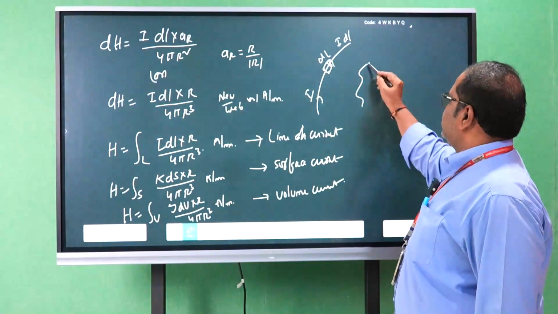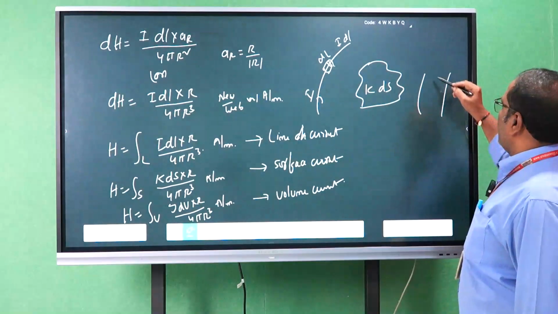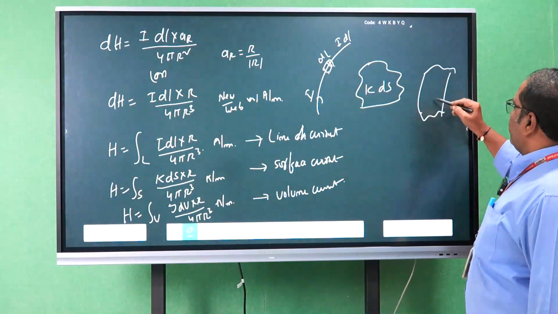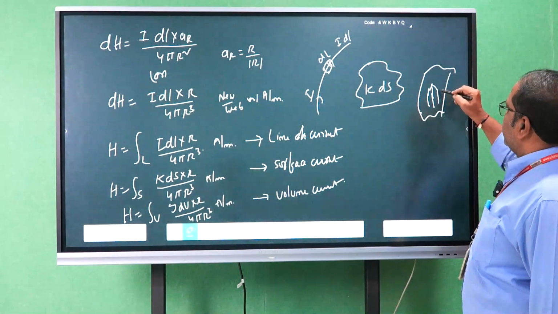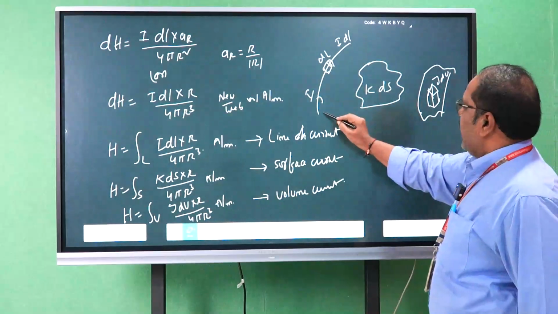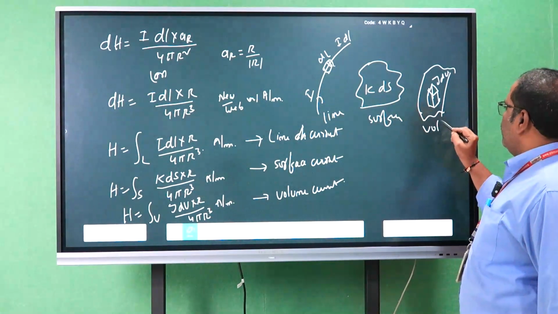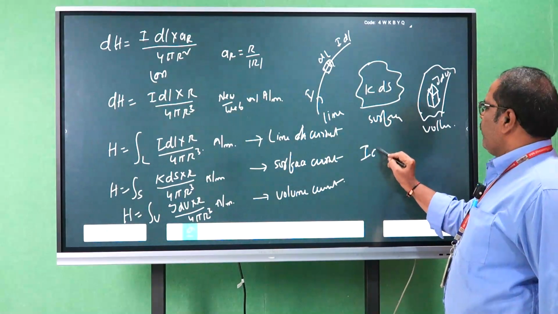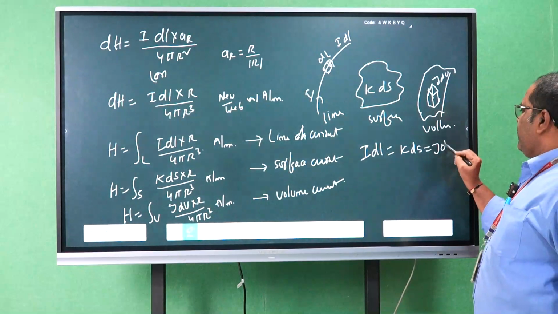What is a surface? It is k into ds. For a volume, there is an element represented as J into dv. This is line, this is surface, this is volume. Therefore, I dl is equal to K dS is equal to J dV.